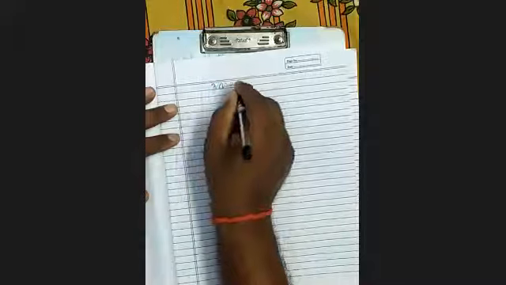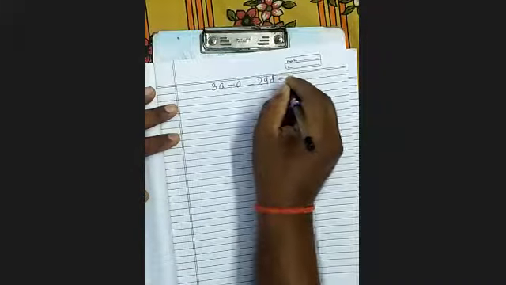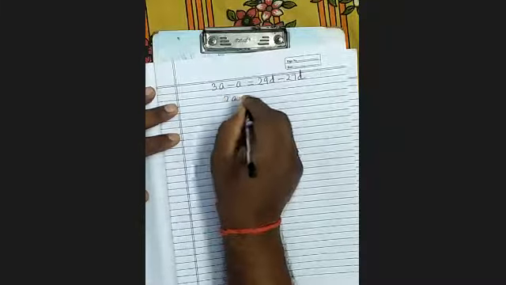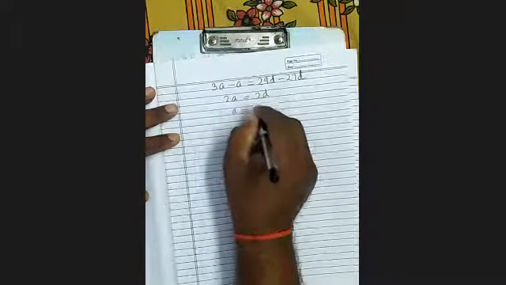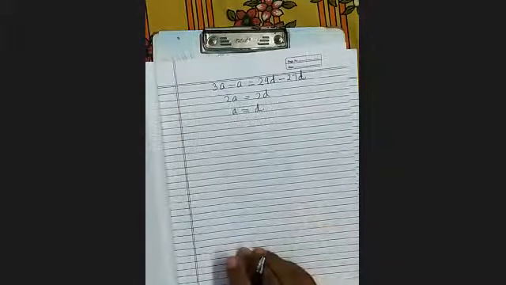So see here, it will be 3a minus a equals to 29d minus 27d, so 2a equals to 2d. So a equals to d. A will be equal to d.